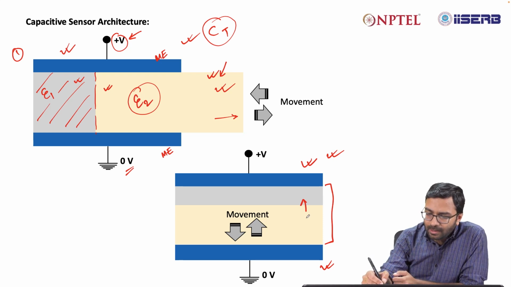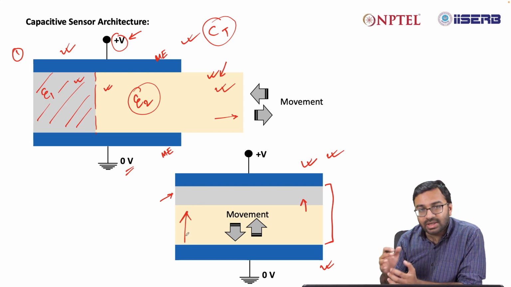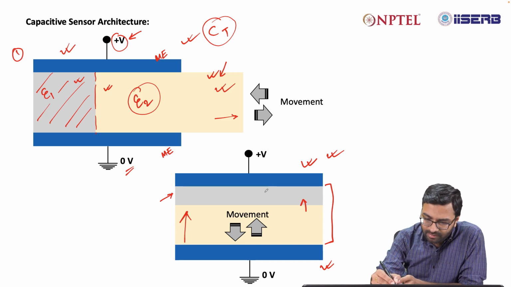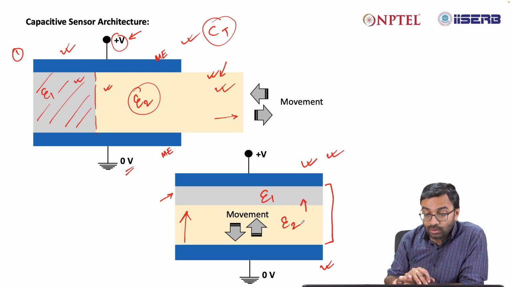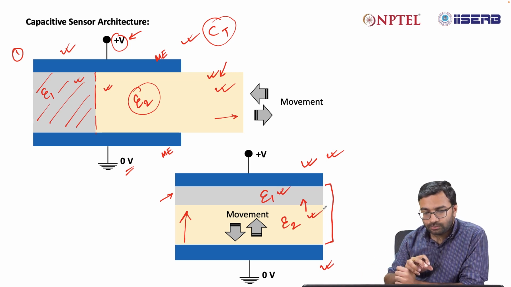This may be a situation where the dielectric inside this parallel plate capacitor is reacting with some material and slowly converting to a different material, and the conversion depends on the reaction that is taking place. So in such a situation also you will effectively have two dielectrics, one is epsilon 1, another one is epsilon 2.